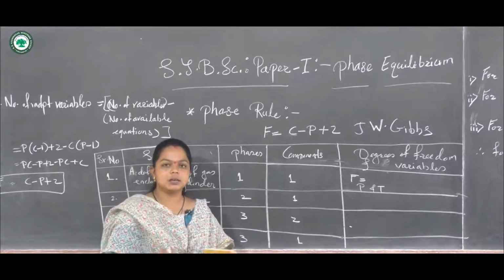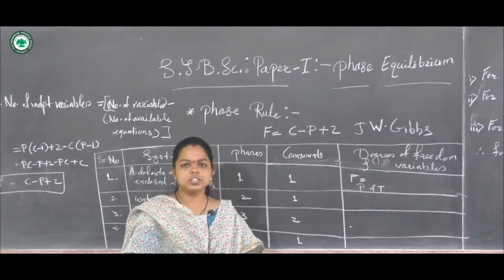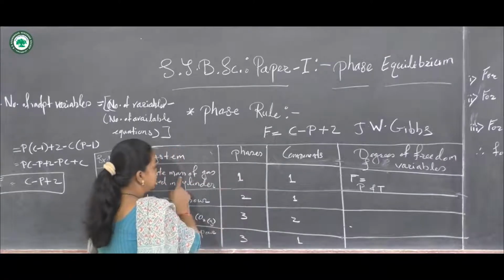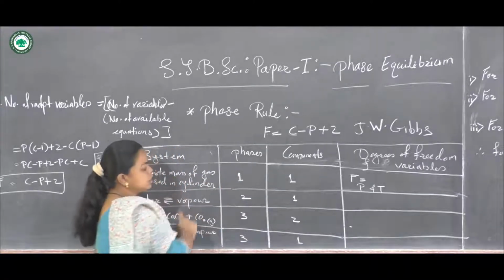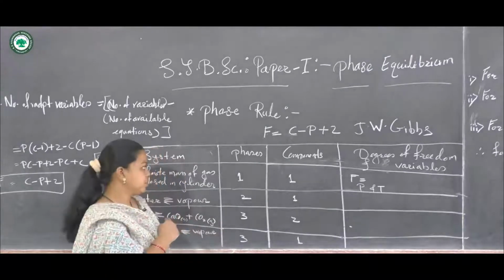A component is a chemically distinguishable species which can be separated by mechanical treatment. Only one component is possible for the system because one type of gas is present here.